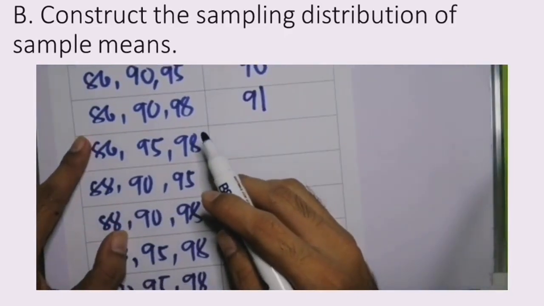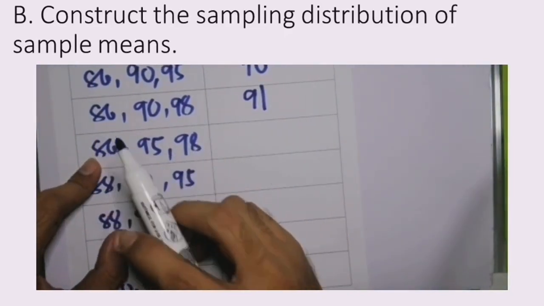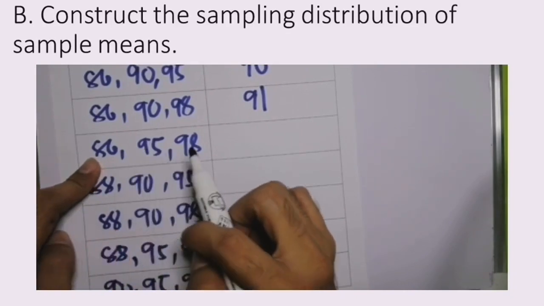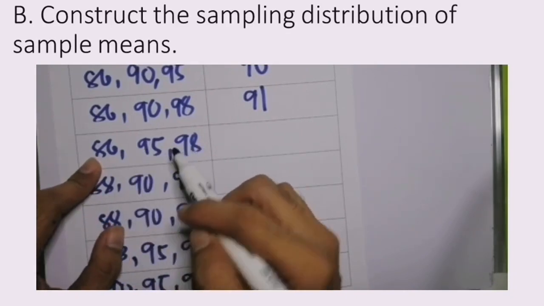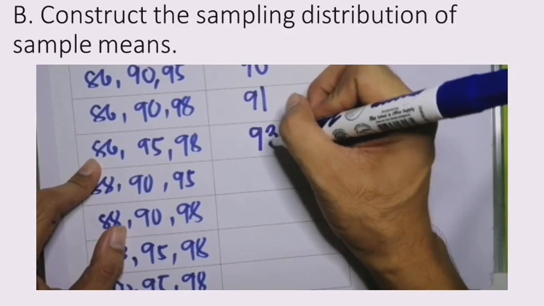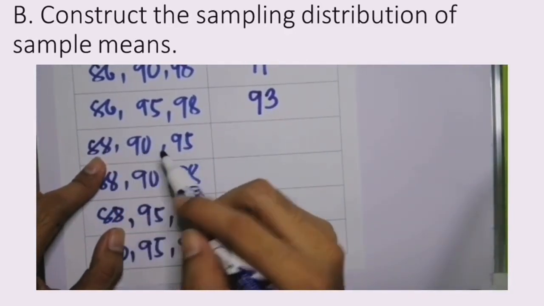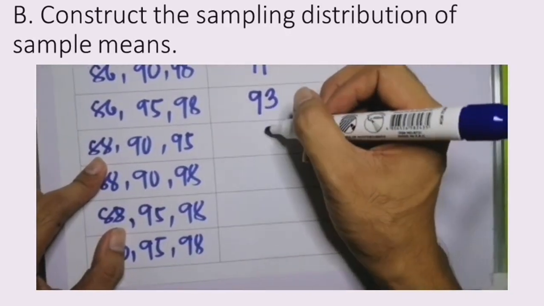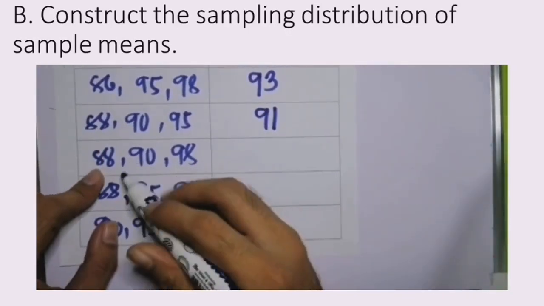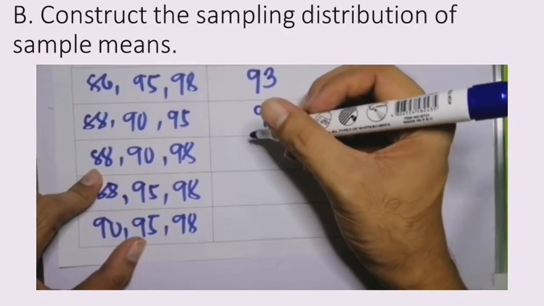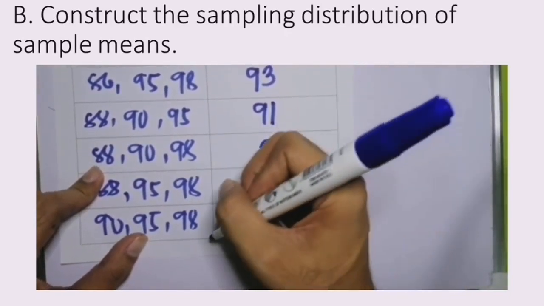Then we have 86 plus 95 plus 98 divided by 3, that's 93. The next, 88 plus 90 plus 95 divided by 3, that's 91. 88 plus 90 plus 98 divided by 3, that's 92.